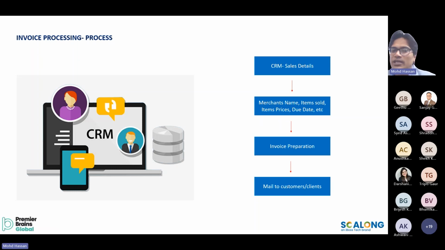Then we can automatically prepare an invoice, and those invoices, once prepared, will be sent to the concerned person for approval. Once that person approves the invoice, it will be automatically emailed in a personalized fashion to the respective customer or client to whom it is designated.